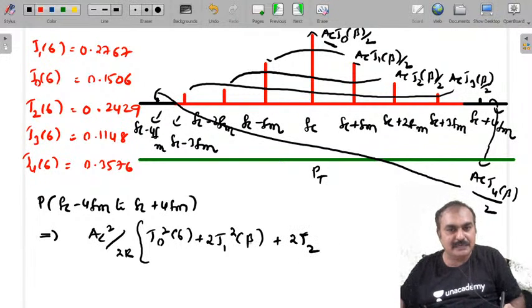What is that beta value again here? Again you have to substitute the same 6.